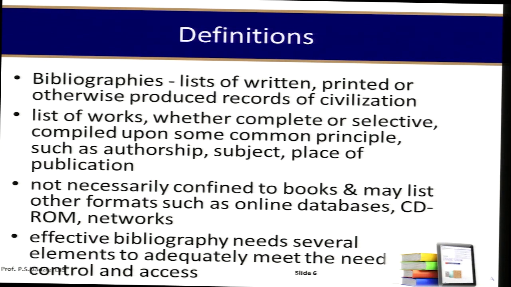These include the author, the title of the publication, the publisher, the place of publication, and other details. Bibliographies are not necessarily confined to books, because these days we have a lot of formats of information, such as online databases or CD-ROM. So you have bibliographies also listing online databases and CD-ROMs as well as networks.